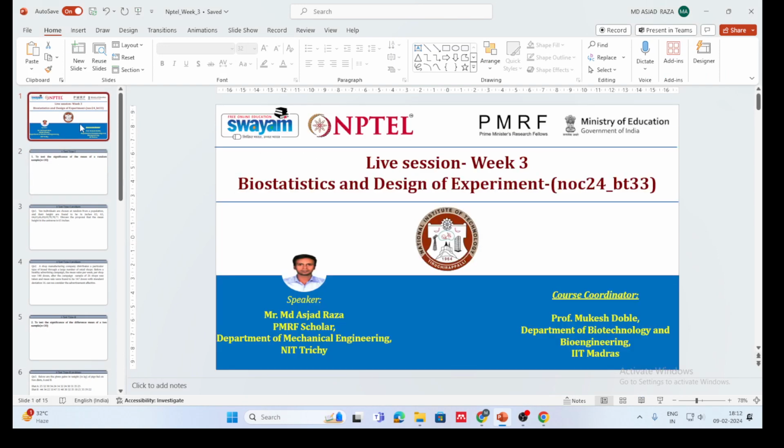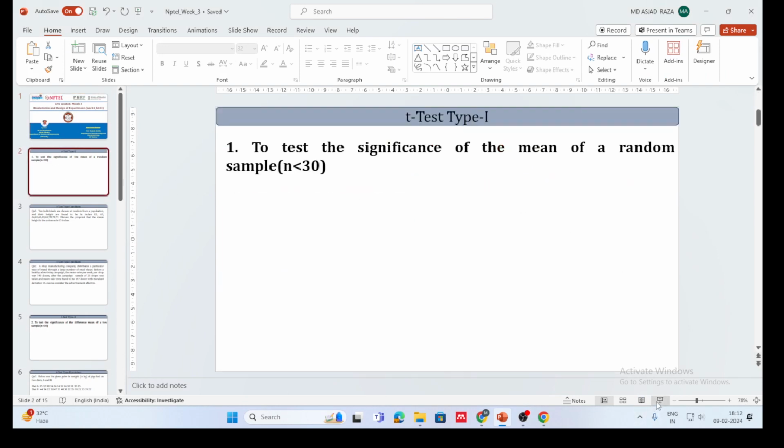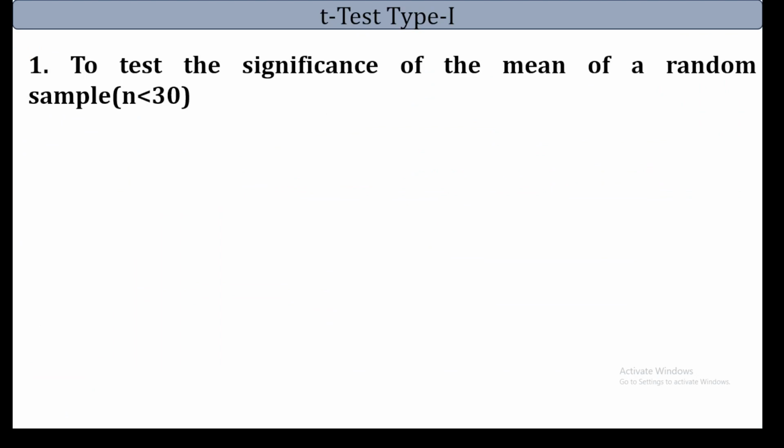In t-test we have some 4 types of problems. First, the conditions for the t-test. What are the conditions? It should be normally distributed.